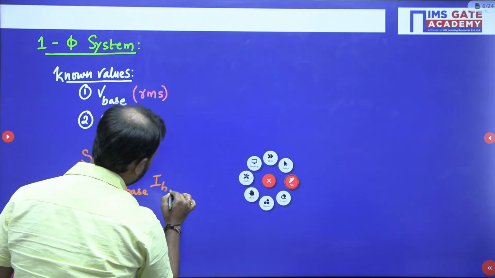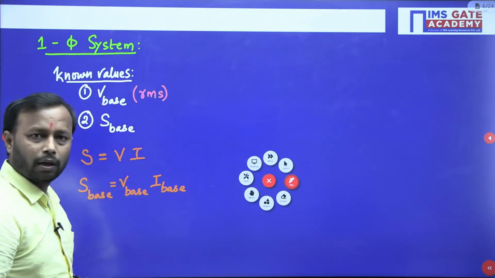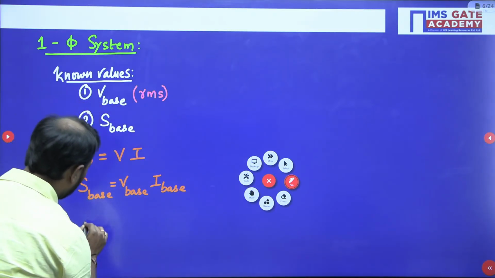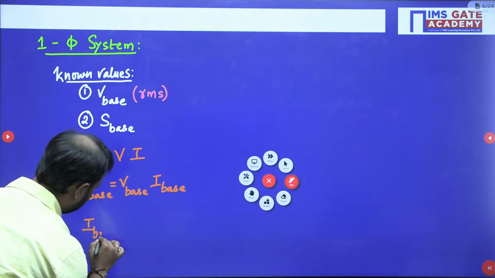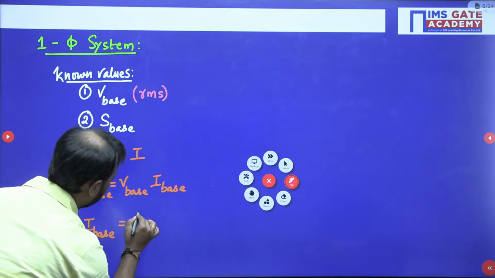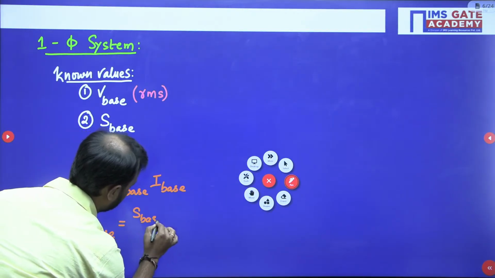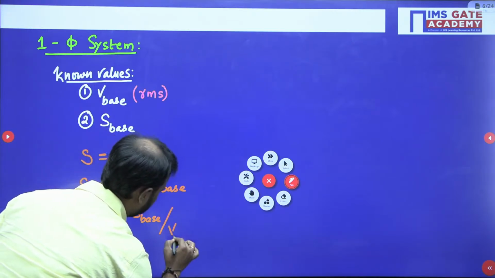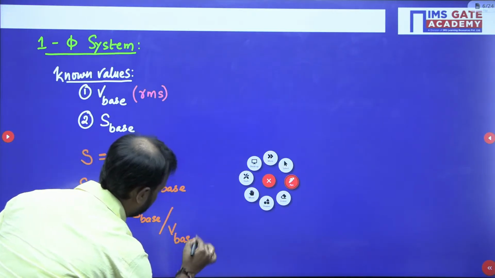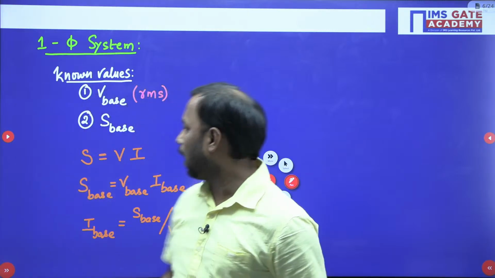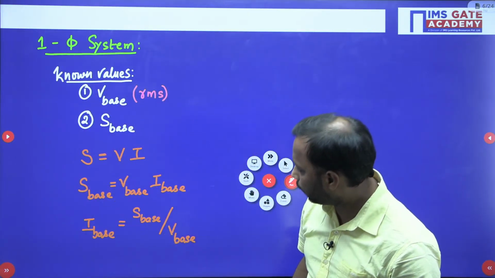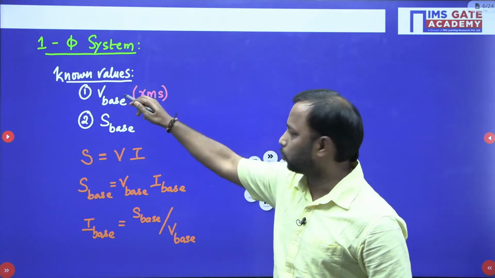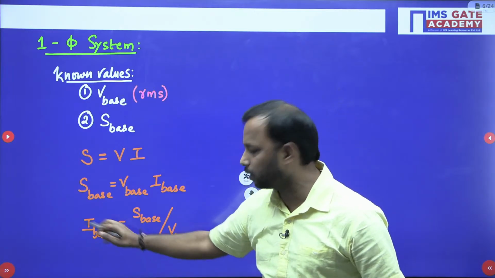I can write like this, yes or no? So from here I can say I base is equal to S base divided by V base. Since I know these two values, I can easily get this I base.